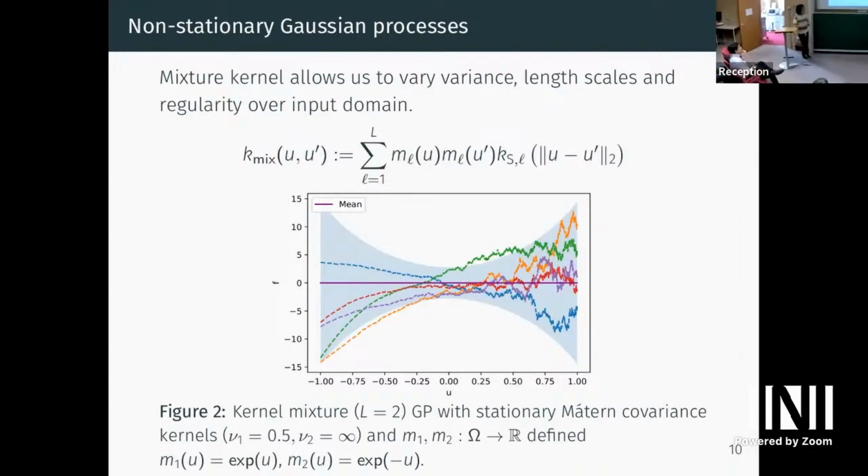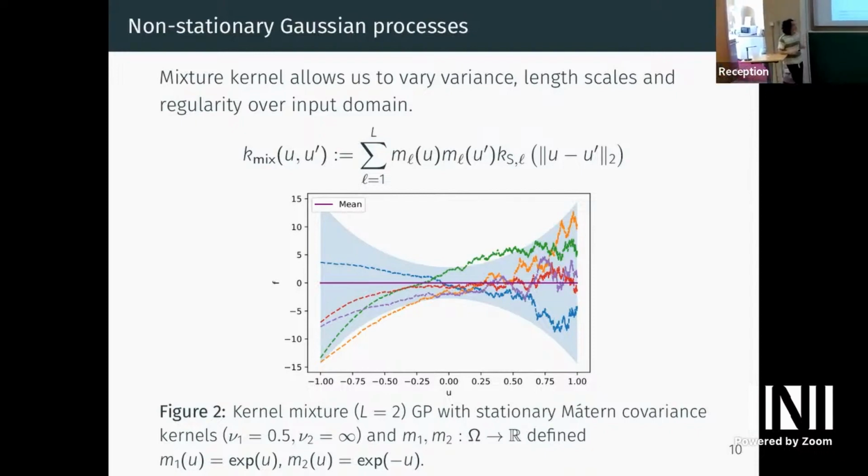I was trying to look for an example for this one, but it's a bit of a strange example, so stay with me a little bit. If on one half of your domain you have a function that is continuous but whose derivative is nowhere continuous, and on the left side of your domain a completely smooth function, you can define two kernels on your domain and combine their variances.